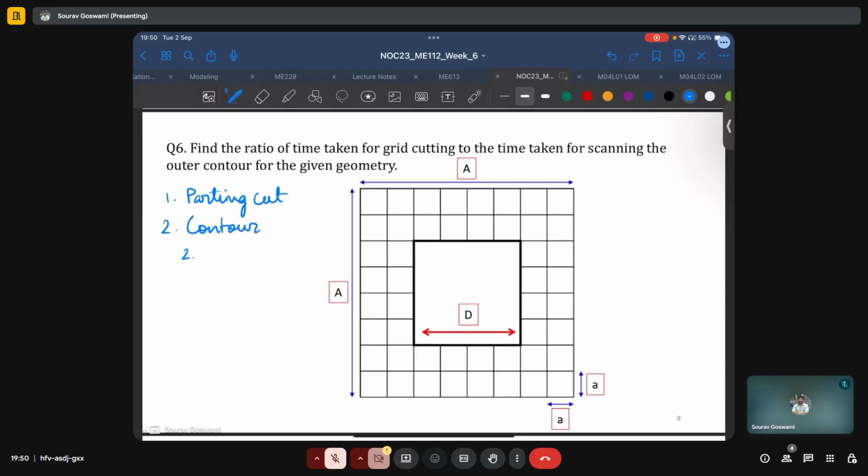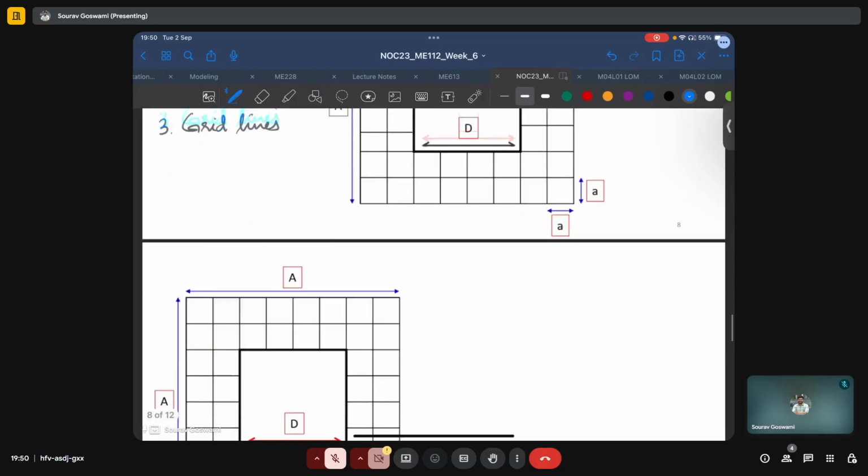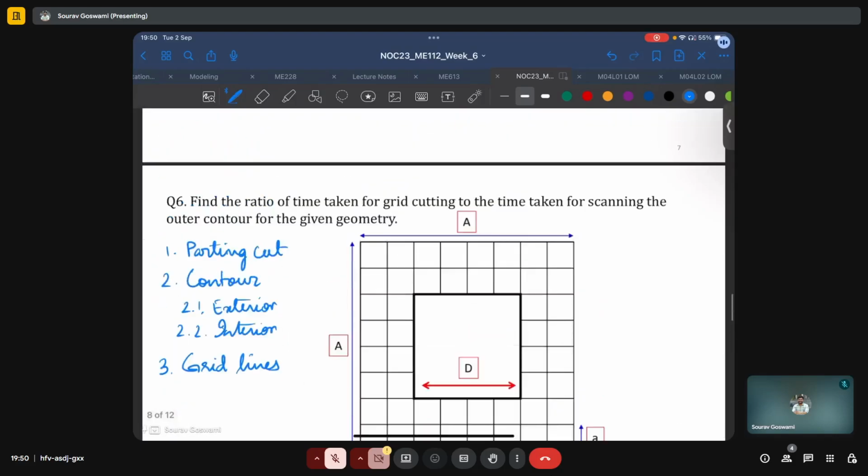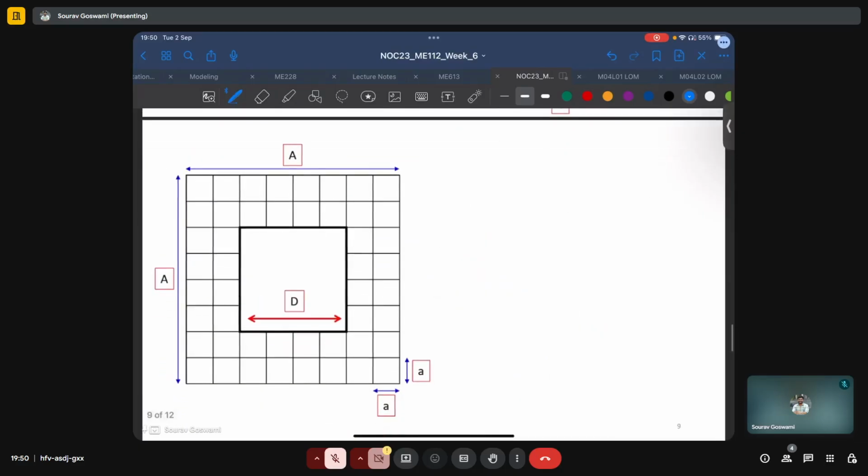We may have exterior contours and interior contours, and then we'll scan the grid lines. We're asked to find the time taken for grid cutting and outer contour. So let us start by finding the time taken for grid cutting.